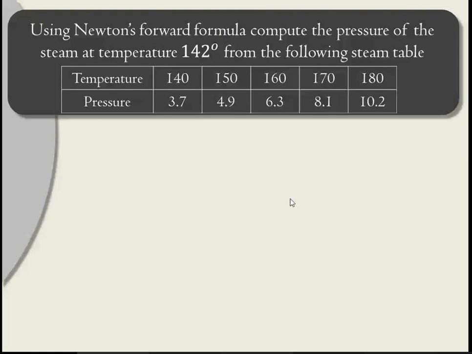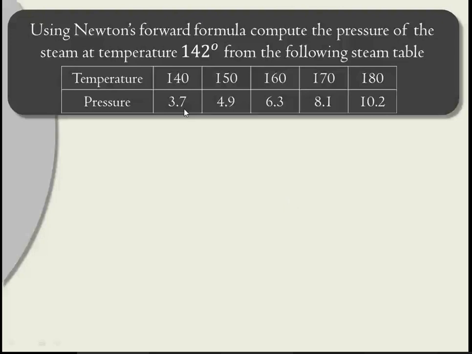The first row contains temperatures 140, 150, 160, 170 and 180, and the pressures are 3.7, 4.9, 6.3, 8.1, 10.2. Okay, so these are the values which we can get from the experiment.